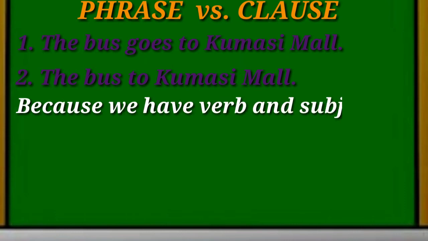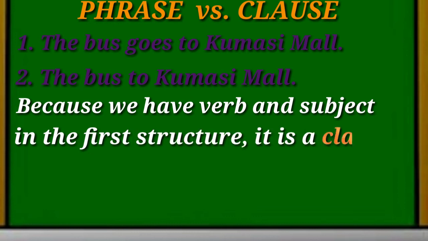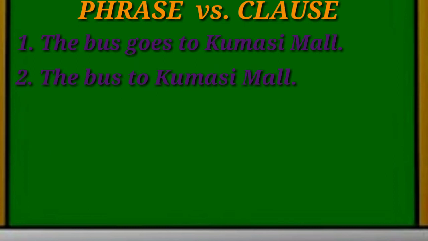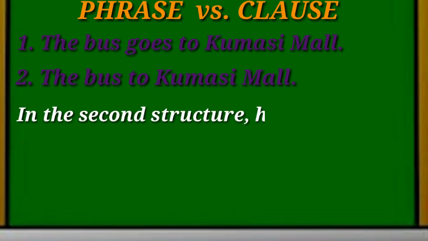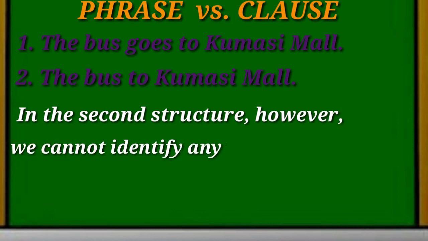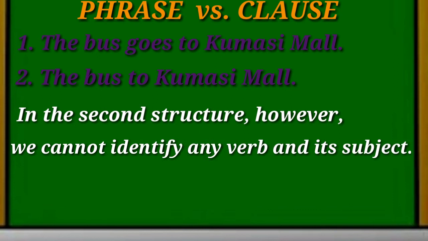Because we have a verb and subject in the first structure, it is a clause. In the second structure, however, we cannot identify any verb and a subject.